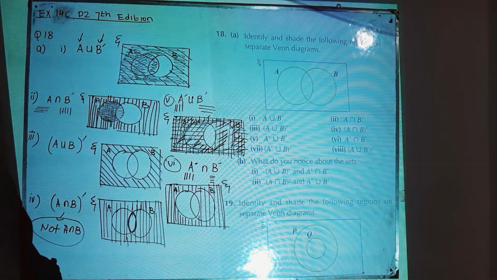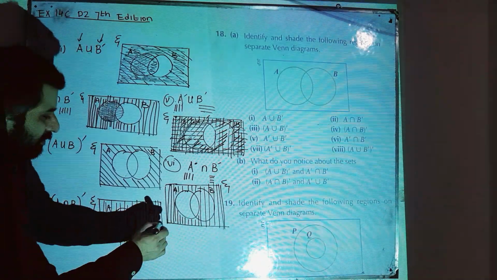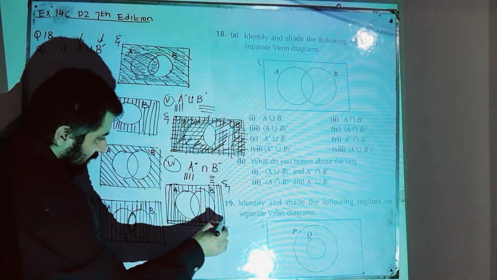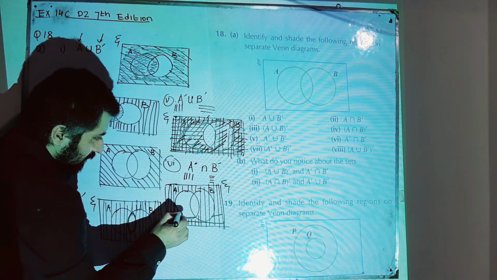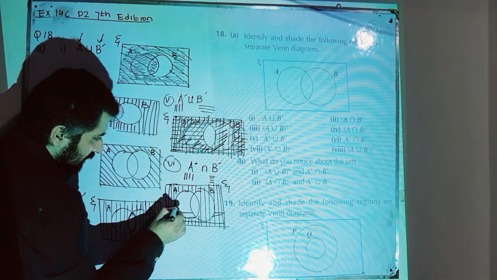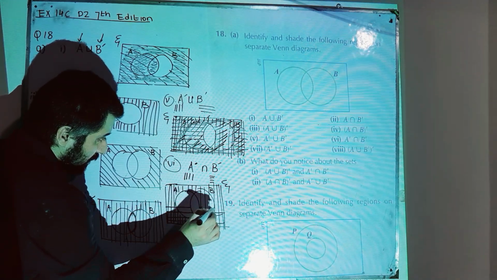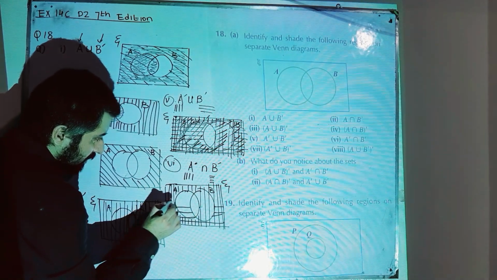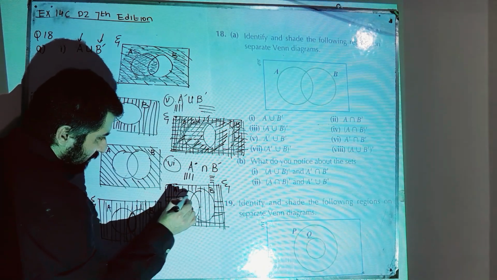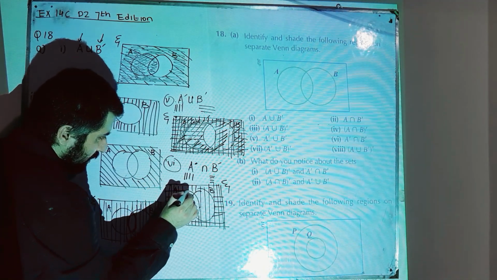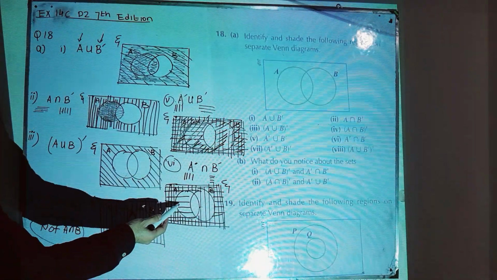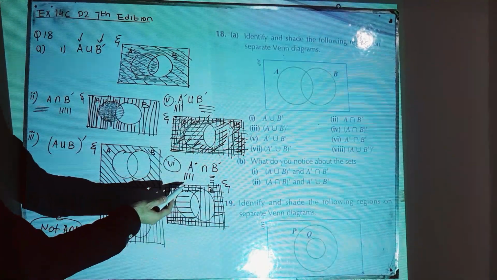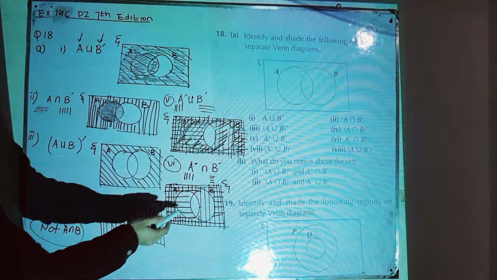And B complement means not B, so draw horizontal lines that must pass through all the region other than B. B complement means not B. As you can see, horizontal lines are not in B and vertical lines are not in A, because vertical lines represent A complement and horizontal lines represent B complement.